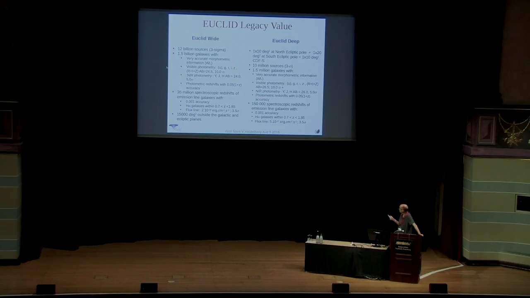For the deep survey, again, these are the three deep fields. There will be 10 million sources and 1.5 million galaxies with accurate photometric redshift and shape information, and 150,000 spectroscopic redshifts with the 0.1% accuracy.